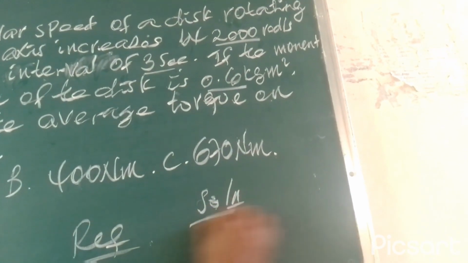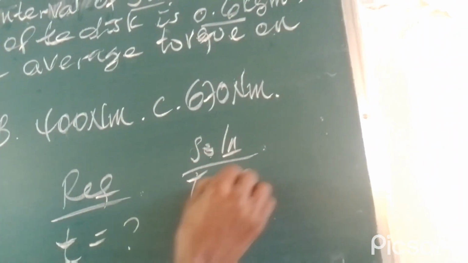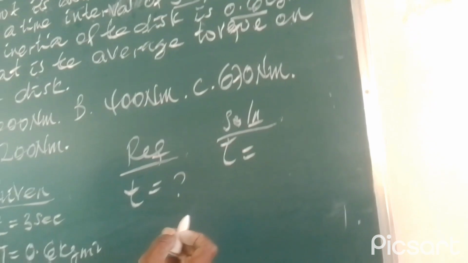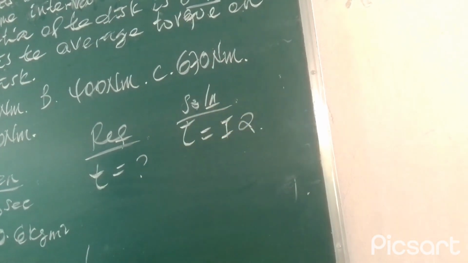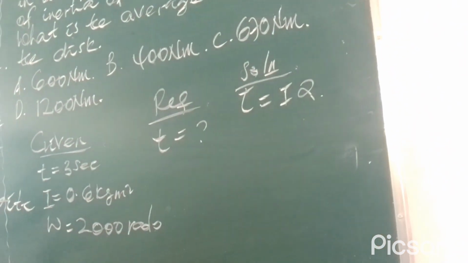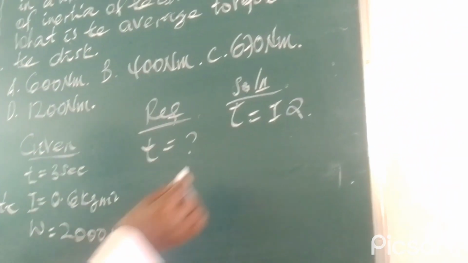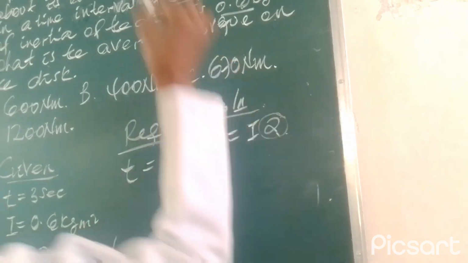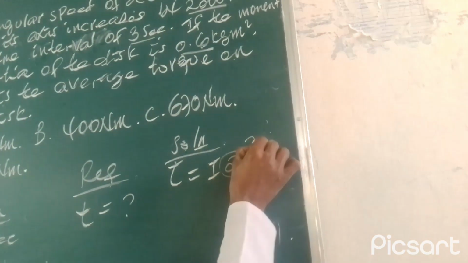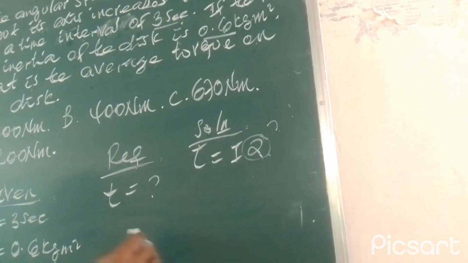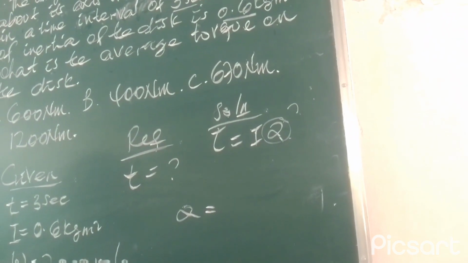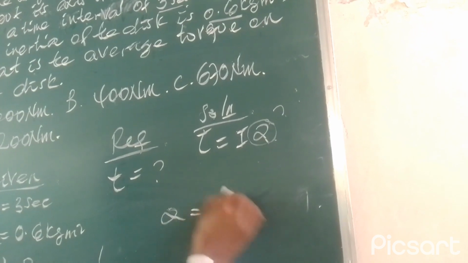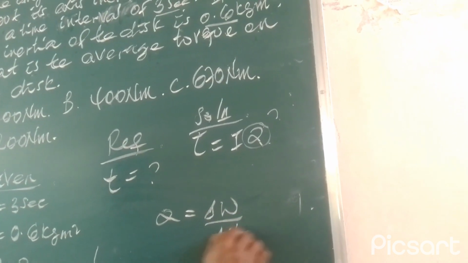The solution: torque is equal to moment of inertia times alpha. First we have to find alpha. From our previous knowledge, alpha, the angular acceleration, equals delta omega over delta t.